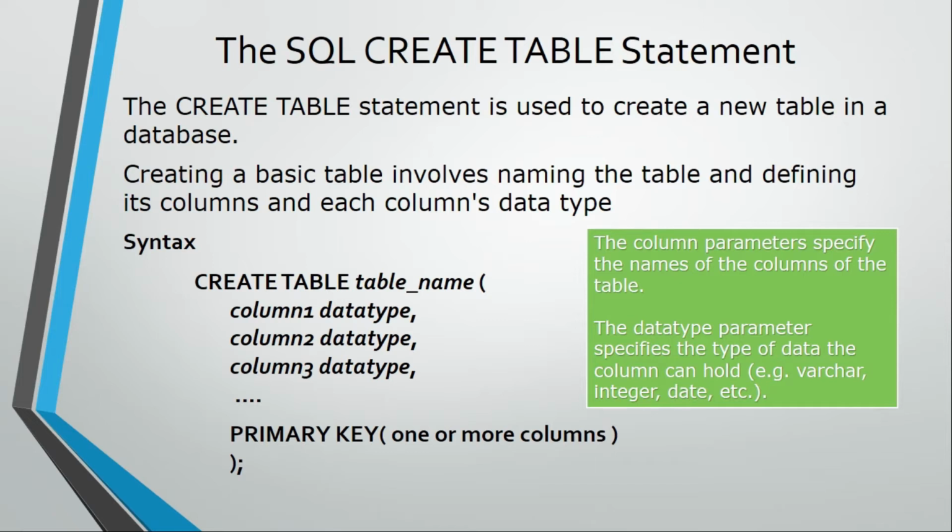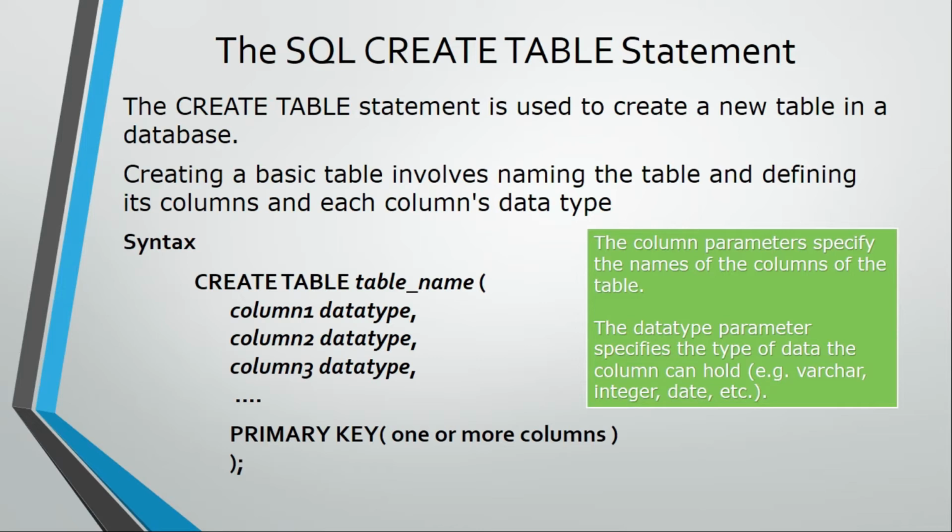The syntax is create table, table name, give a name, that's up to you, whatever name you want to give your table. Then after that, define the columns. Defining means first of all you have to define the name of the column, then the data type. Then after every column definition, put a comma, then write the next column definition. You can have any number of columns in a table.